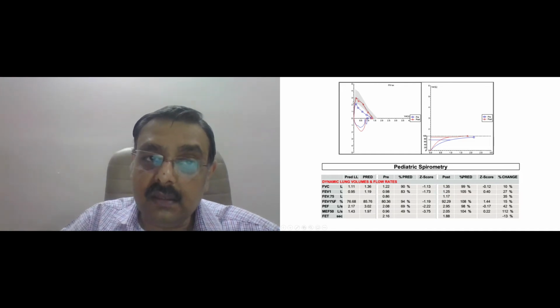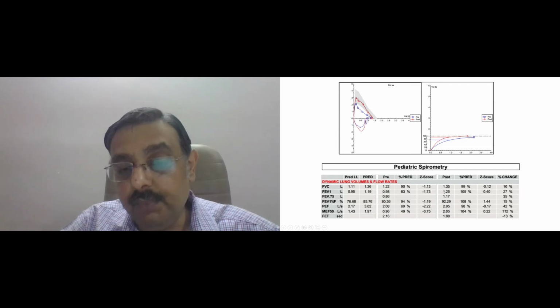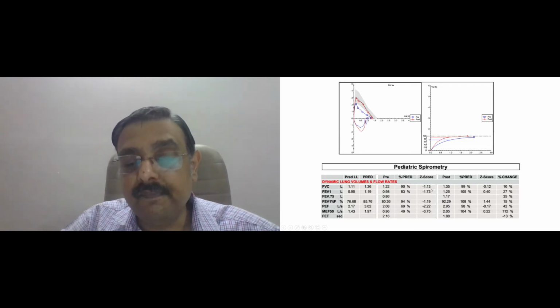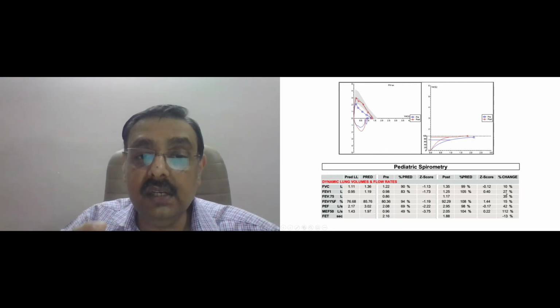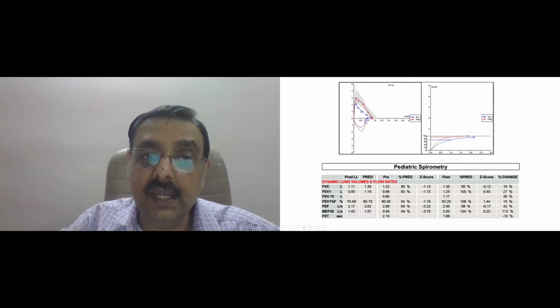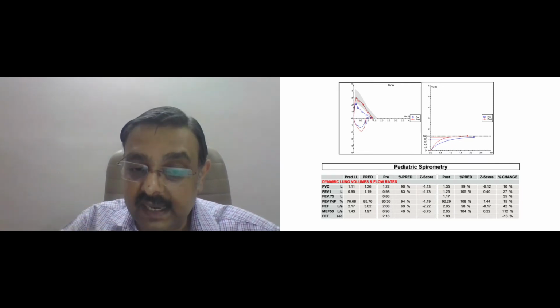But if you look at the curves and the post bronchodilator response, the FEV1 improves by 27%. And it clearly shows that this child actually was developing obstruction and reversibility, but was still asymptomatic.